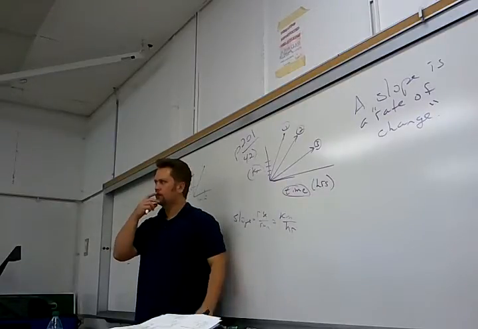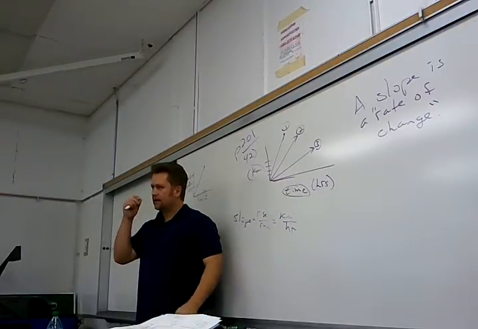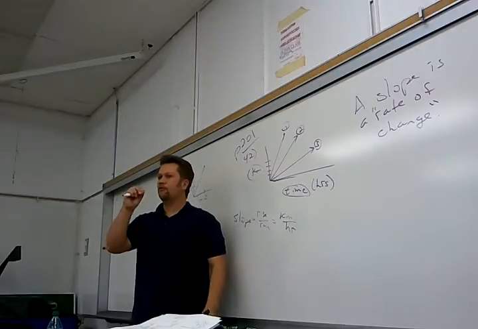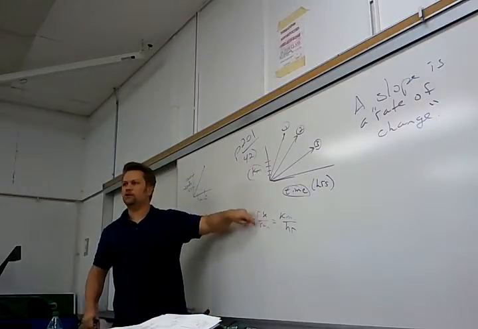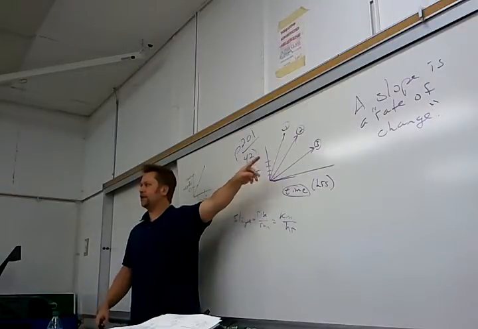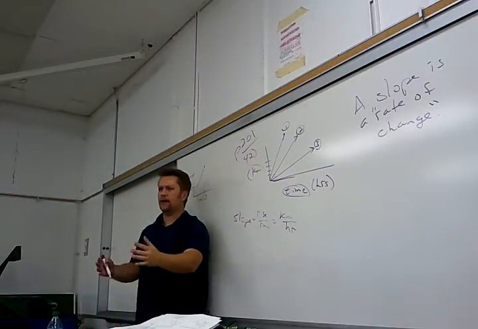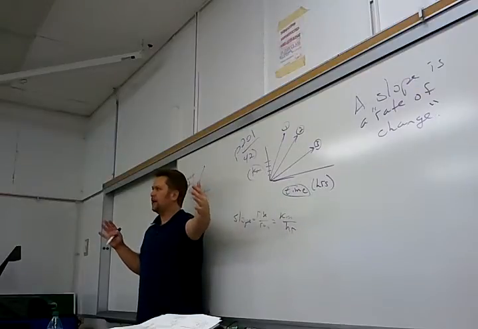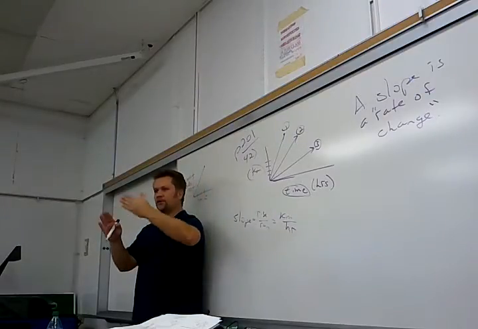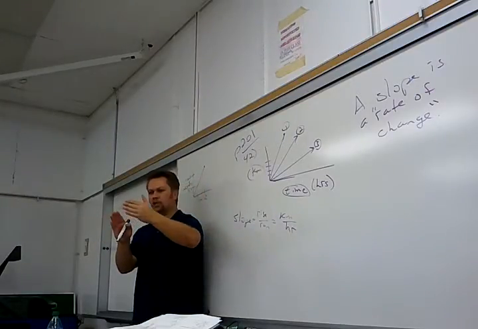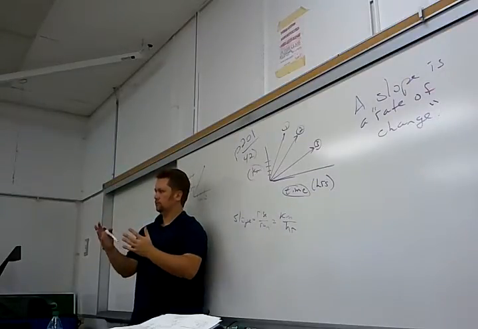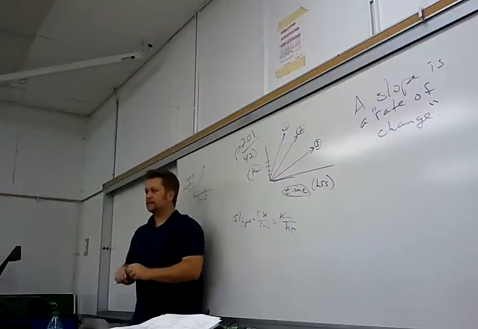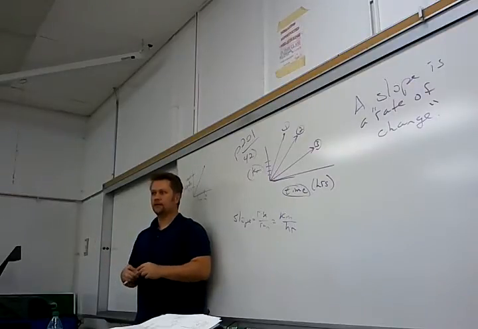Slope is a rate of change because it's a ratio of how much these change compared to each other. If I'm going 80 miles an hour, that means in a couple hours I will have gone 160 miles. I let the time change by so much, and the slope tells me how much my distance should change. That is speed.